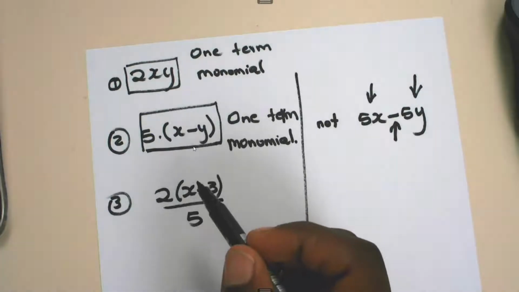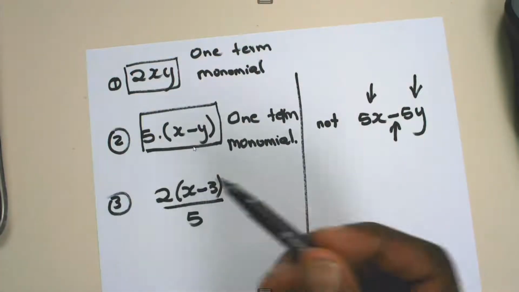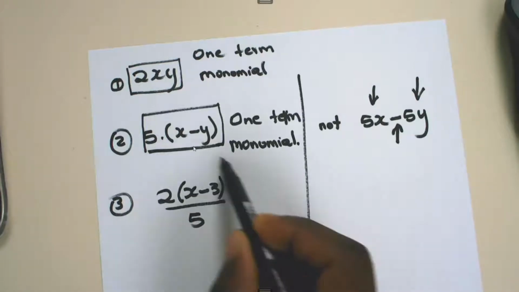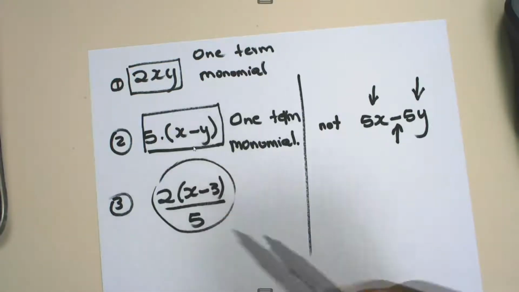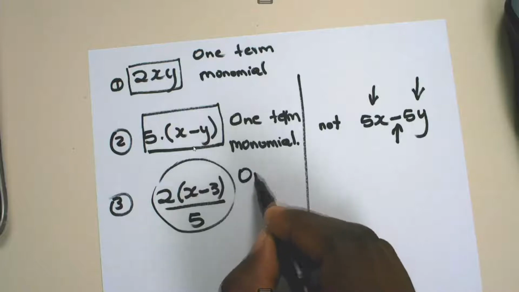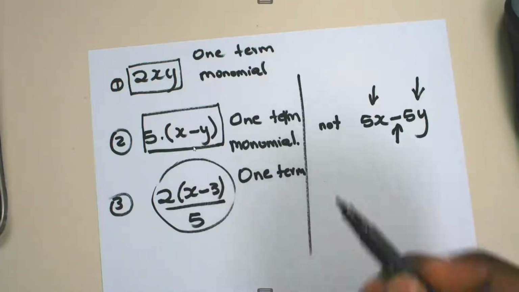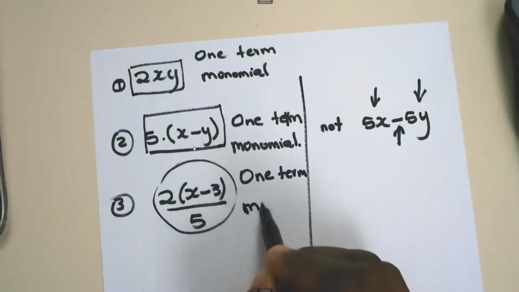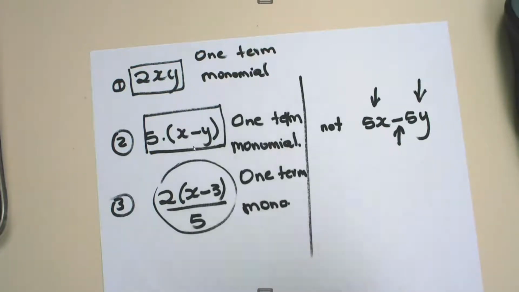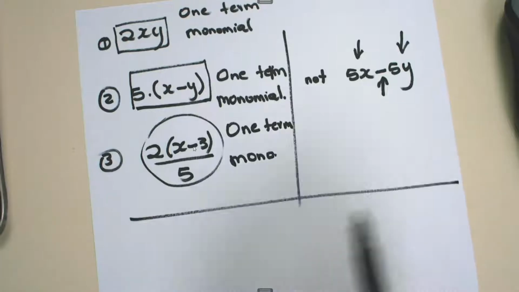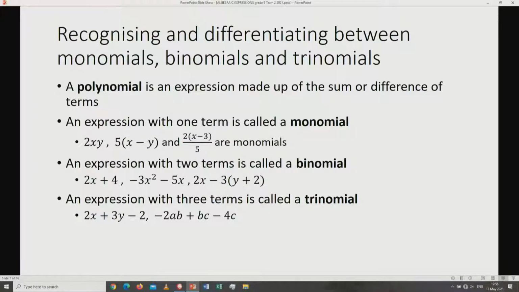So if it is written as the same fraction, it means it is one term because there is no plus or minus sign separating the terms. So because of that, it's a monomial. All right, we'll go to binomials.